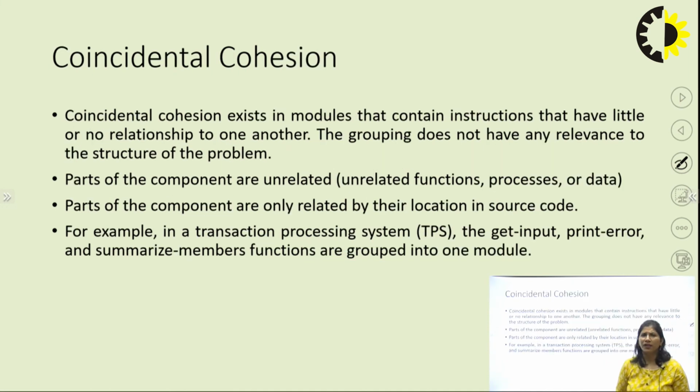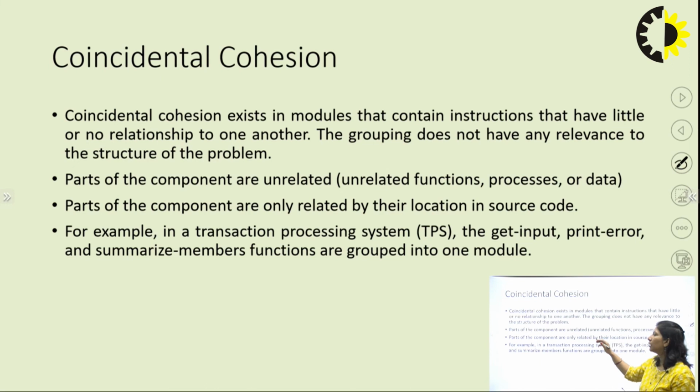Then coming to coincidental cohesion, in coincidental no relatedness is there. All the parts work separately in a particular module, with constructions that have no relationship to one another, and the grouping does not have any relevance to them.